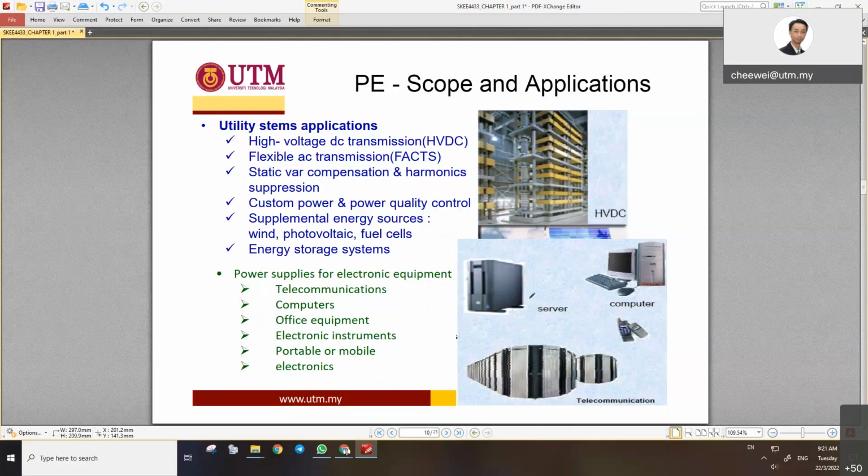Utility systems and applications. This is high voltage DC, HVDC. HVDC application is evolving. In Malaysia we only have HVAC, high voltage AC application. But HVDC is actually rising, evolving.